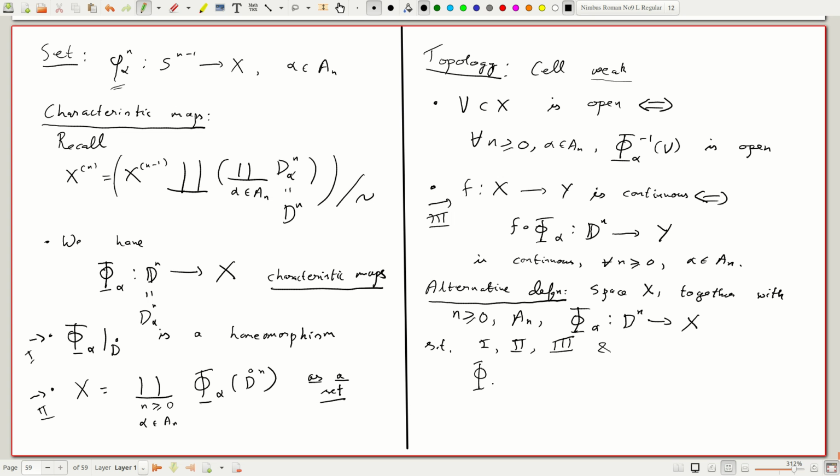So such that if alpha is in An, then phi alpha of the boundary of Dn is contained in the union of phi beta of Dk interior, over k strictly less than n, and beta in Ak.